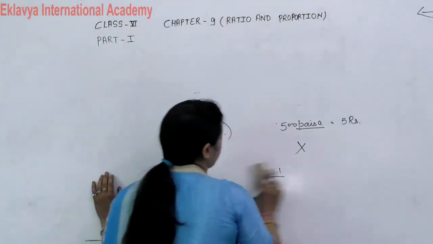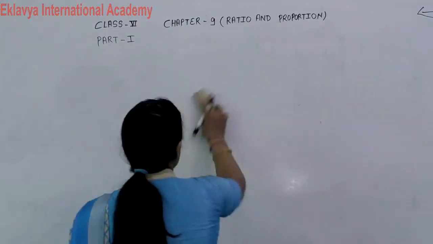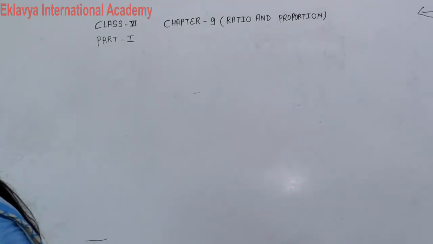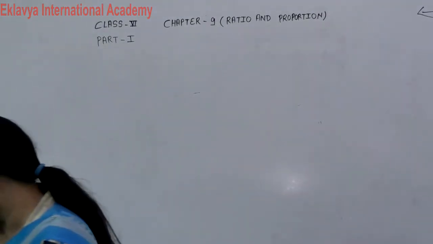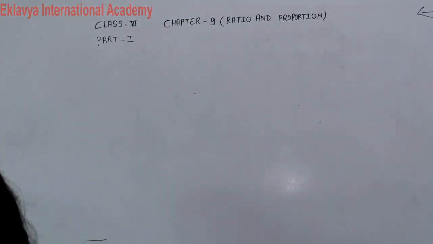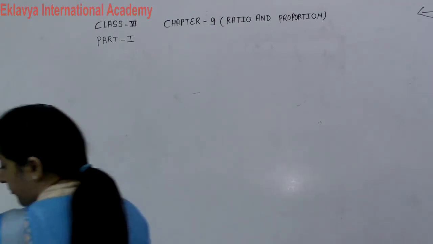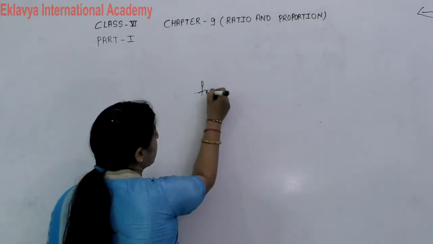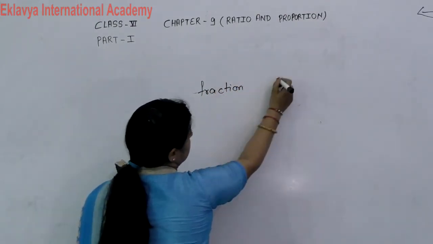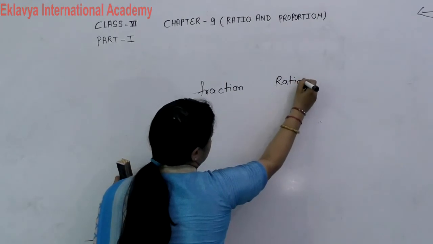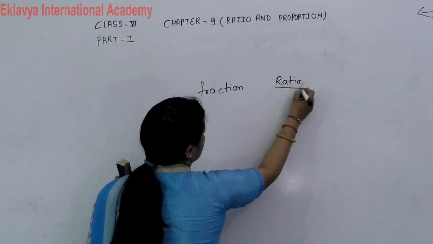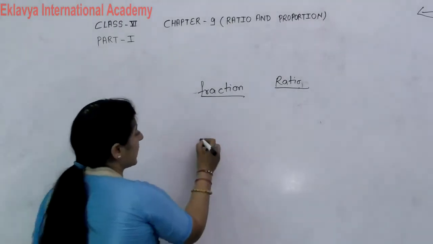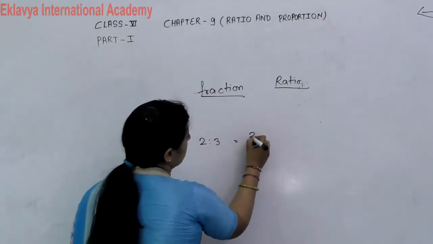Okay, next thing what we can see about the ratio. What is the difference between fraction and ratio? Ratio also we are representing in the form of fraction, because we write down 2:3 is equal to 2/3.